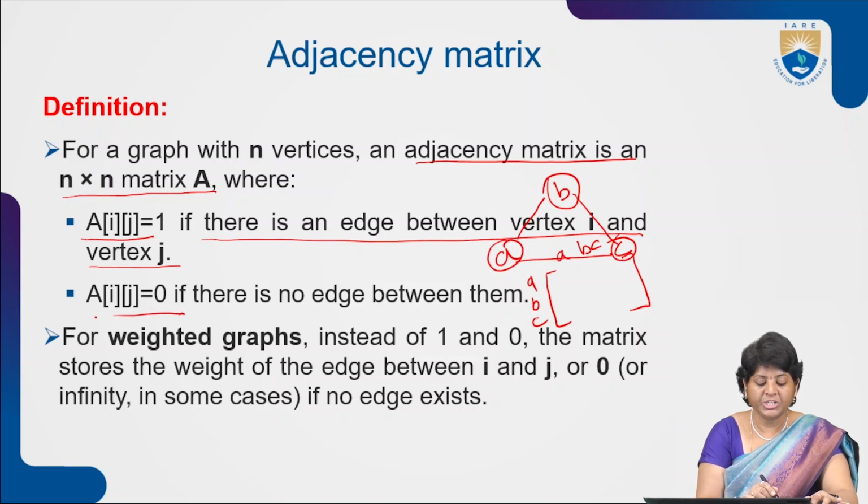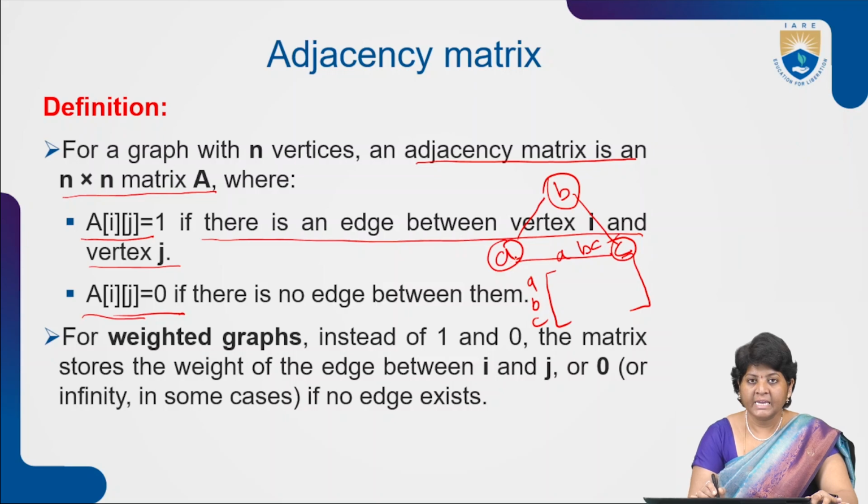If there is no connection between A suffix ij, then it is 0. Here the connection is there, so A to B, we will mention 1. If there is no connection between A to B, then that will be marked as 0. Now, A to C connection is there, so it is marked as 1.